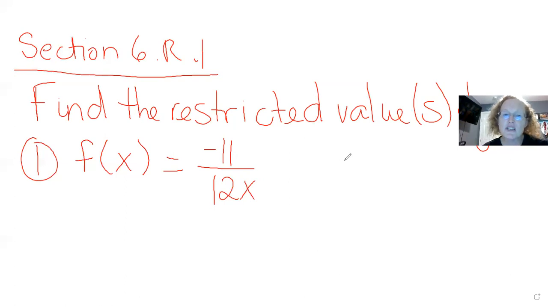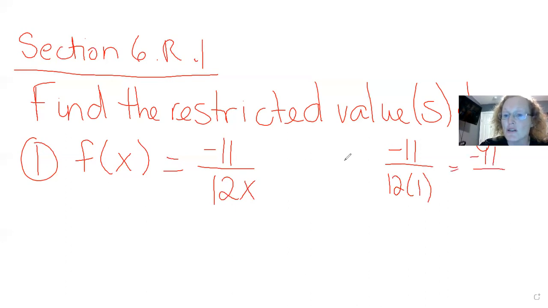When they ask you for the restricted values, what they want to know is what will make this not have an answer. If I were to plug in 1, for the fun of it, I would have negative 11 over 12 times 1. I would actually be able to get an answer, negative 11 twelfths. I may not like the answer because it's a fraction, but that's an answer.